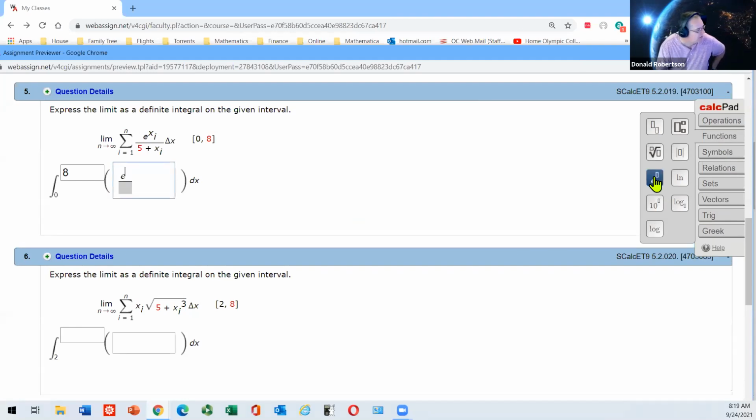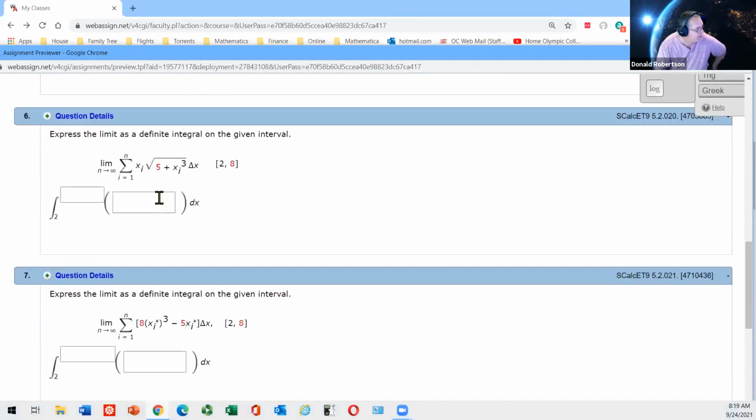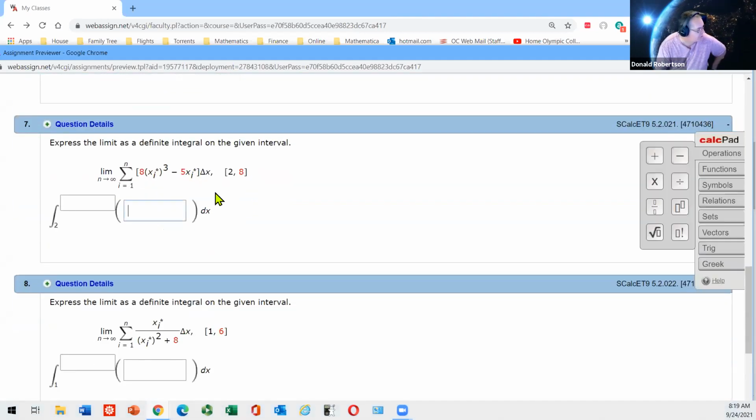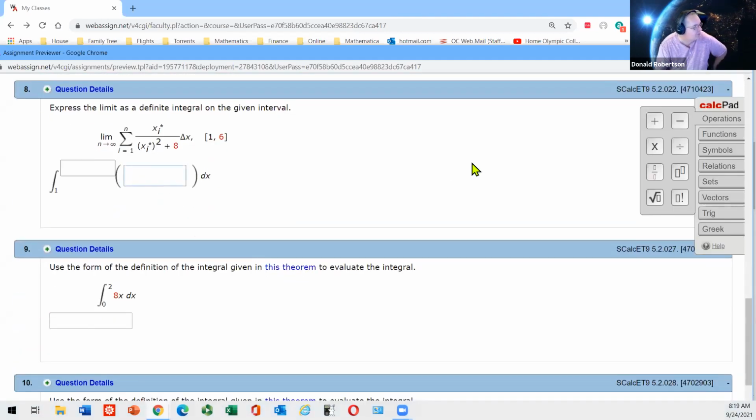Yes, e to the power of just x, not xi. X, oops, that's capital. Just x. And then on the bottom, 5 plus x. So it's not that bad, right? It's a very quick thing to answer. And the same thing for that one, and the same thing for that one, and the same thing for that one. So that's that little bit done, right?